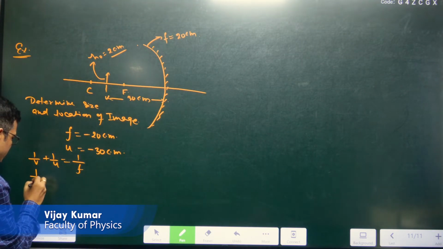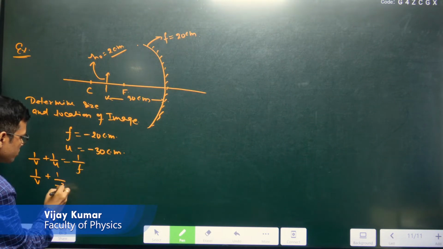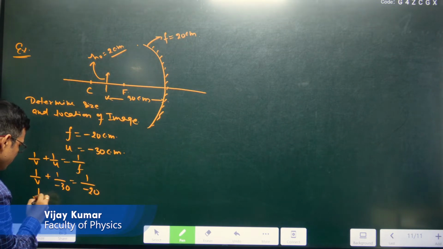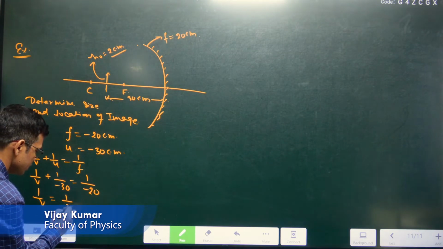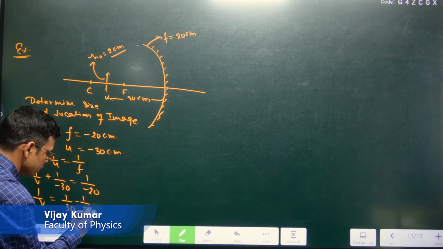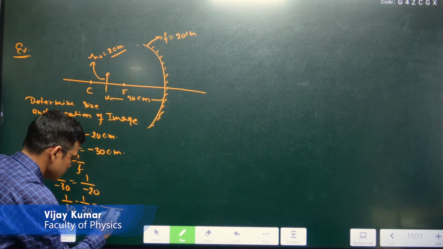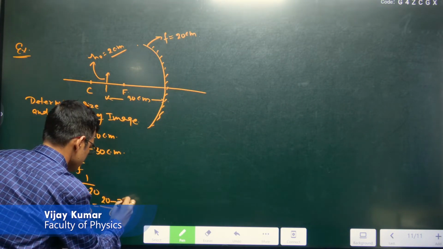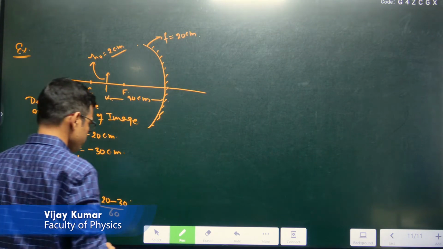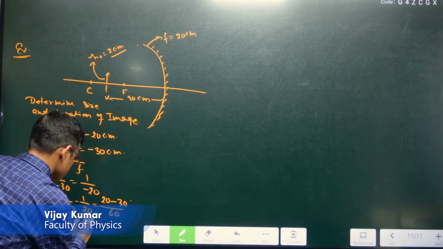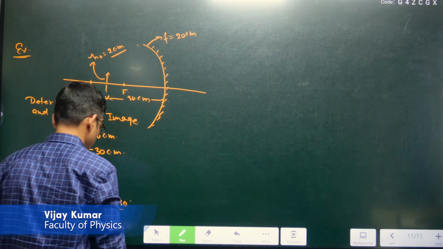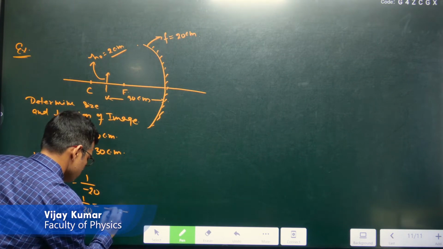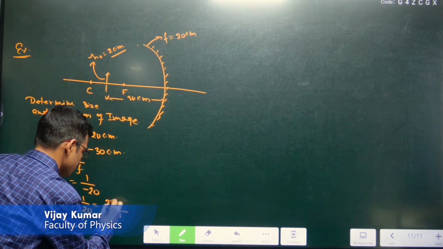Now just put all the values. 1 by v plus 1 divided by minus 30 is equal to 1 divided by minus 20. So 1 by v is equal to 1 by 30 minus 1 by 20, which is equal to 60, it is 2 minus 3.